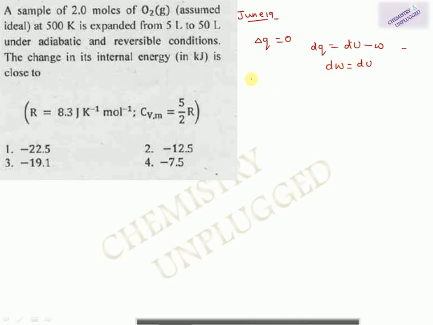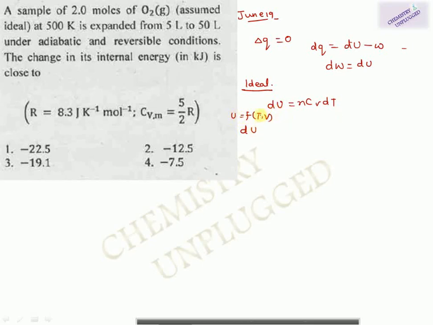And if we are talking about an ideal gas, then for an ideal gas, this dU is equal to nCv dT. How we will calculate the value of internal energy? Internal energy depends on two things, temperature and volume.